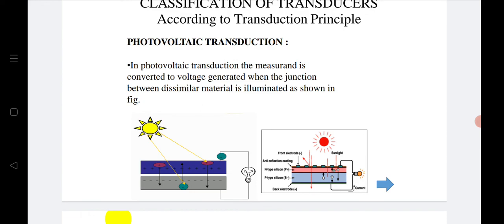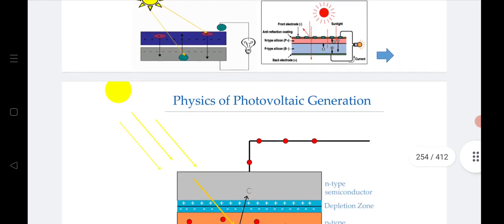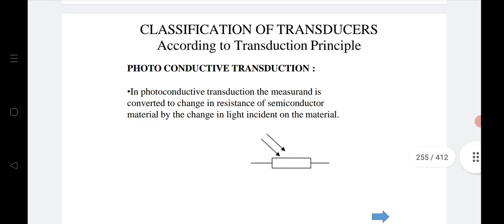That is known as a photovoltaic type of transducer. Photoconductive is where, when light falls on it, the output will be a change in the resistance value.